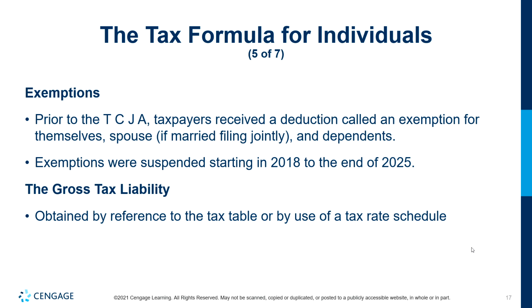We also have the gross tax liability. This is obtained by referencing the tax table that's usually provided by the IRS, or by using a tax rate schedule. Again, pretty much given to us by the IRS, as these can change. But it's okay. It's fun.